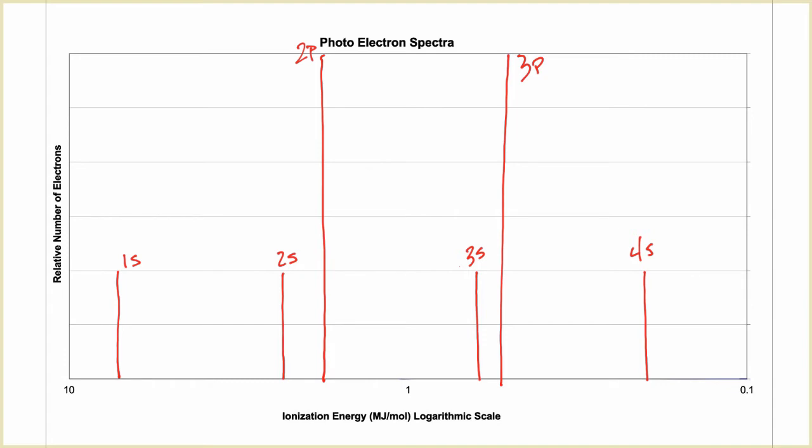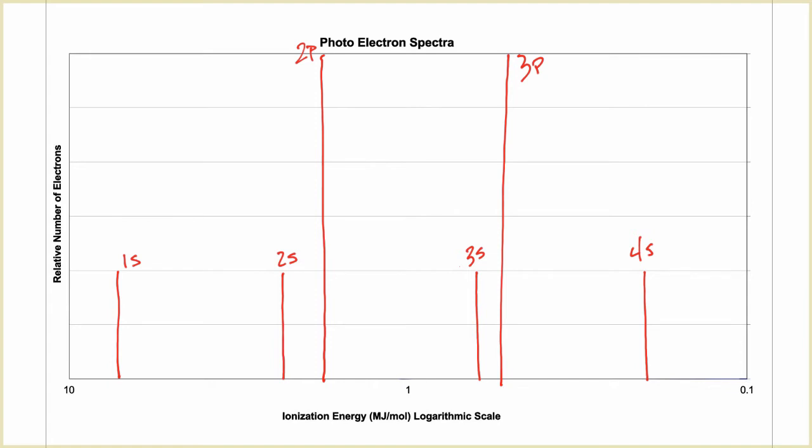But if you look at the one up there on the sidewall, we see that it's numbered 1 through 7 down the left-hand side. And those numbers represent the highest energy level. So when we get to calcium, its highest energy level is going to be the 4th energy level.